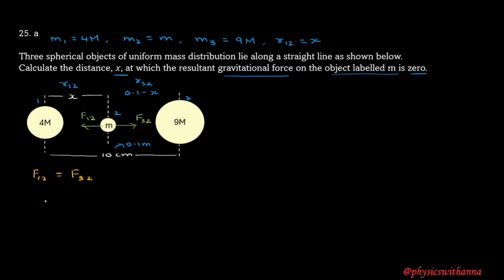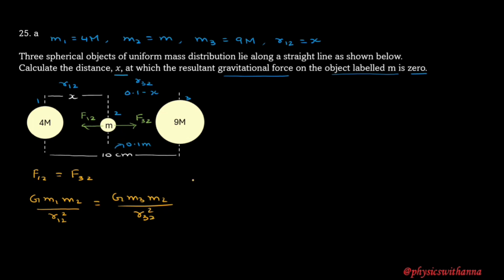Now we know the force of gravitational attraction between two masses can be given as capital G M1 M2 over the square of the distance between them, so R12 squared. We do the same thing for F32, capital G M3 M2 over R32 squared.